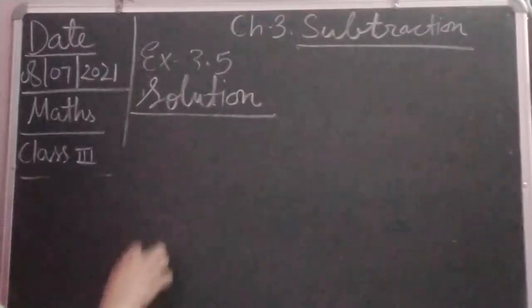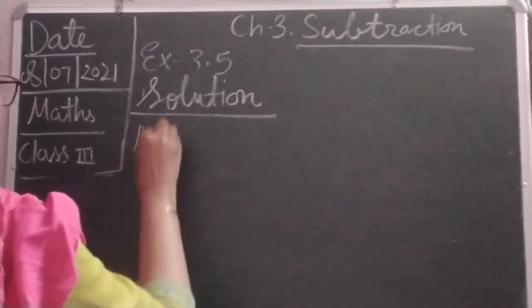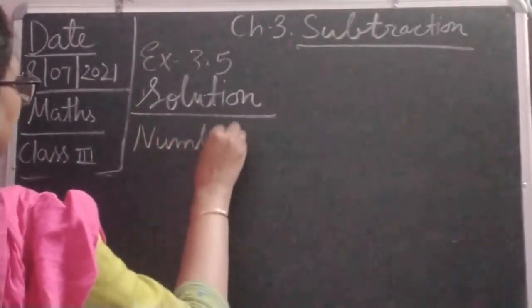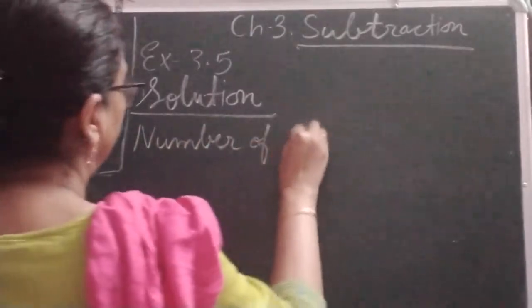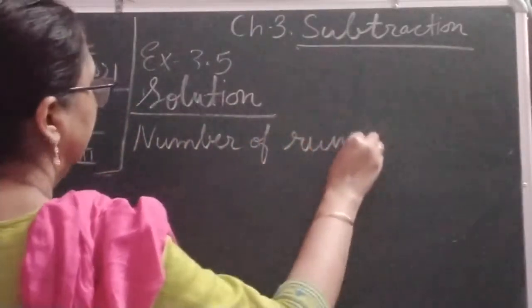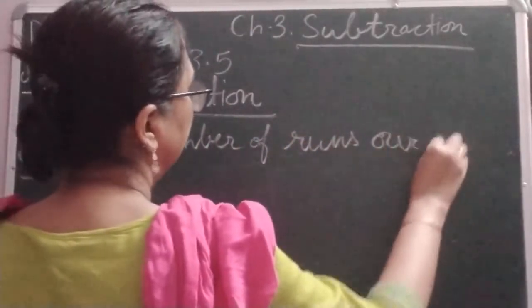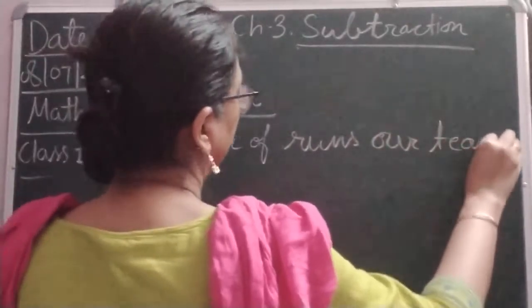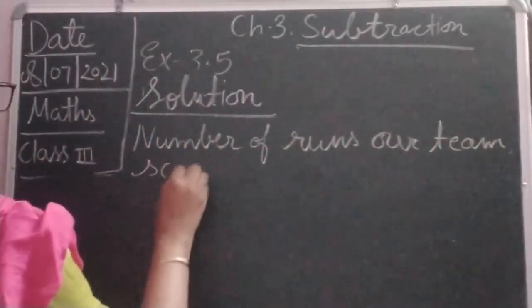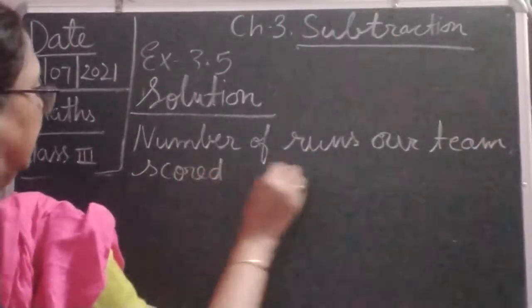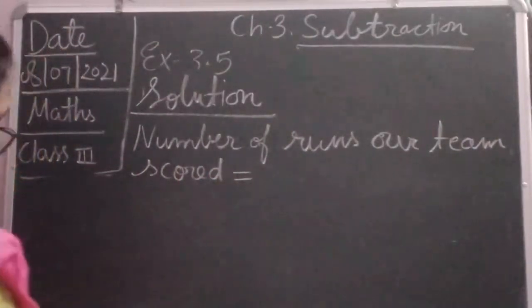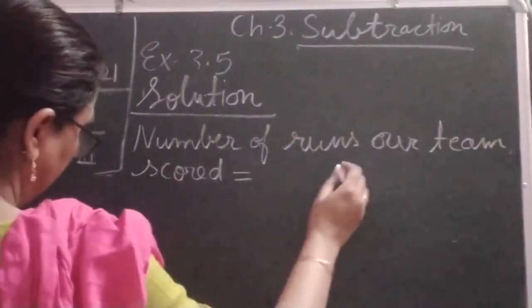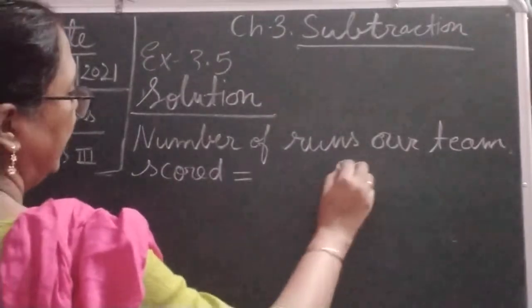So write down the solution. Number of runs our team scored. Okay, how much? 435.